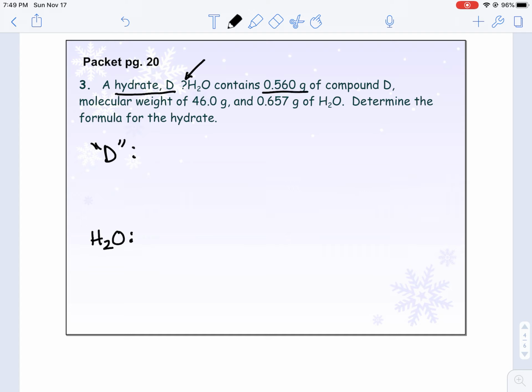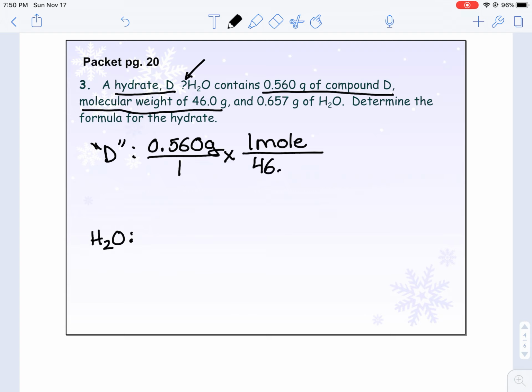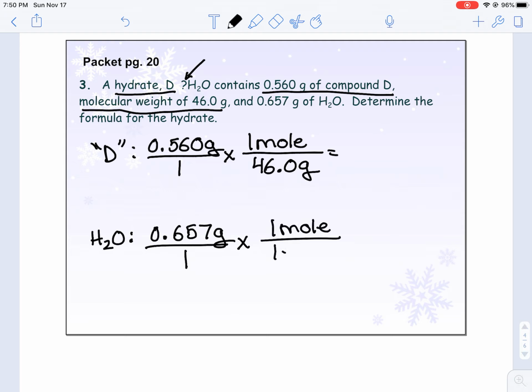So we give you the mass of the anhydrous salt that you have, and because you don't know the formula for this ionic compound, we have to give you the molecular weight of it so that you can figure out the moles. Okay, so just like before, you're going to take the mass of the anhydrous salt and figure out how many moles of that you have, and then you're going to take the mass of water and figure out how many moles of that you have.